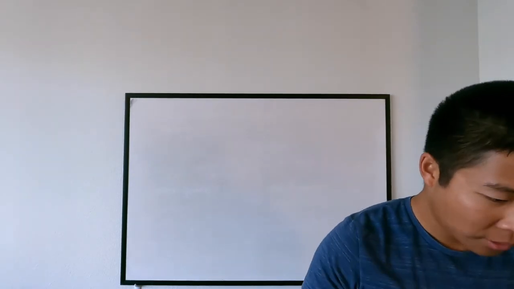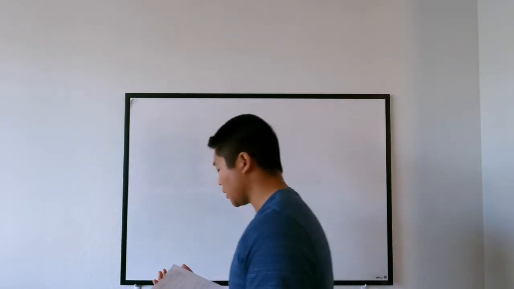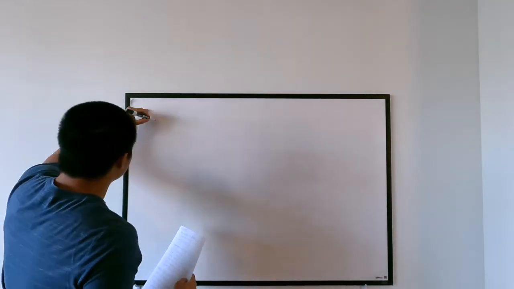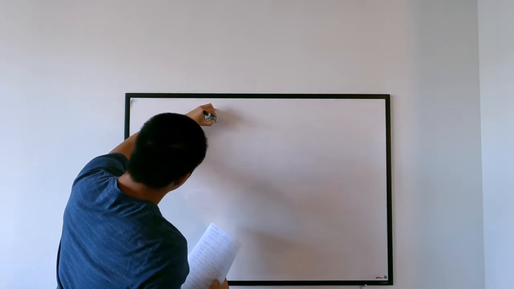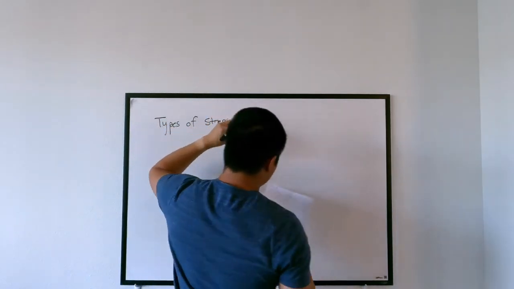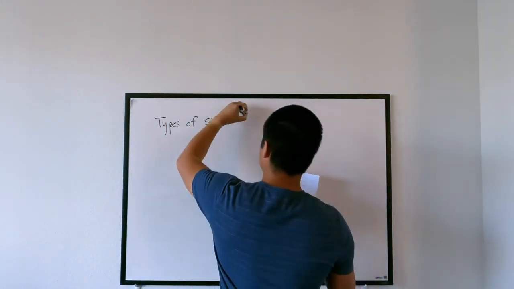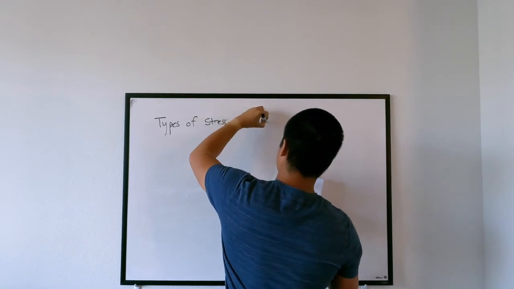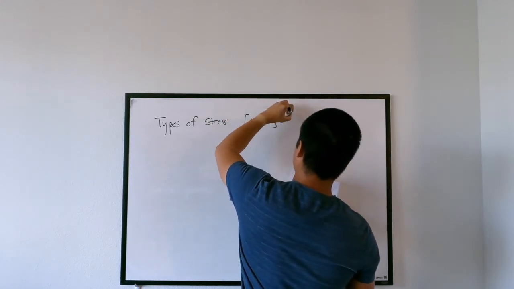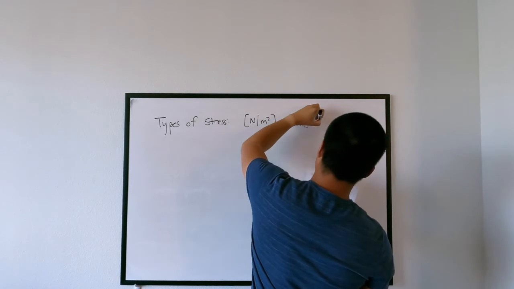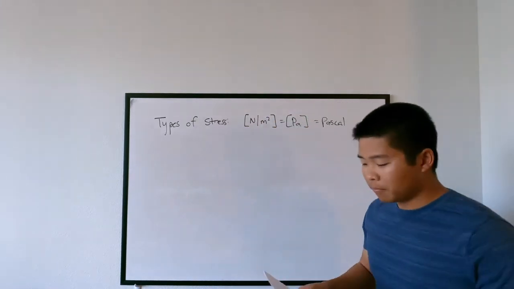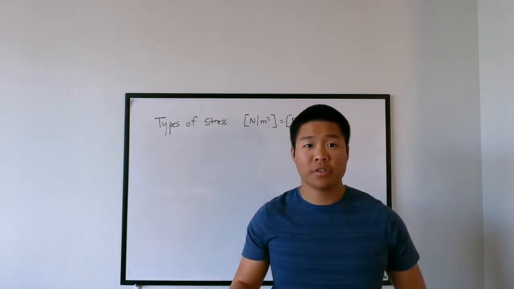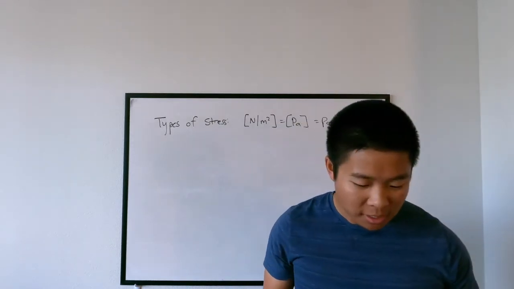There are 4 types of stress in this class. Our stress is, like I mentioned before, newtons per meter squared, otherwise known as a Pascal, okay? Now, there are 4 types of stress that you will learn in this class.